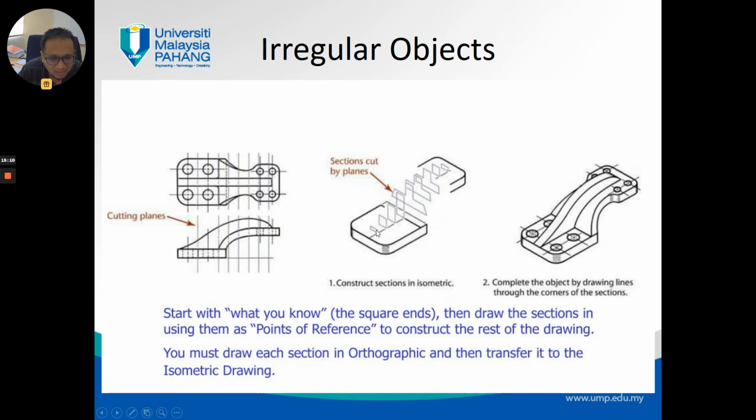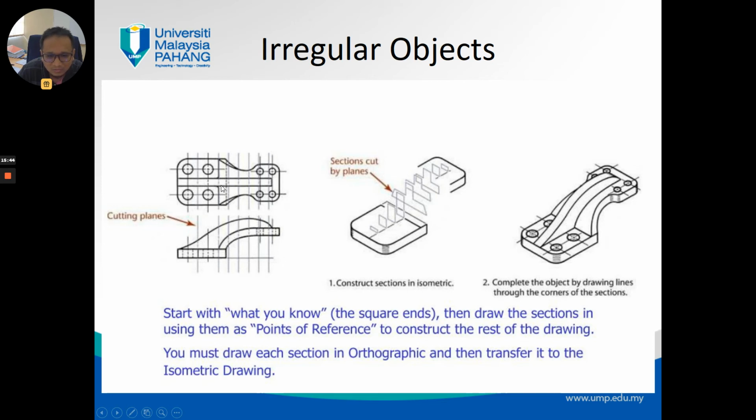This is called a point reference, where you try to use a 30-degree line, okay, and sum it together to make an isometric drawing from the orthographic. Okay, this will take a bit of time to do. It requires your imagination, preferably higher imagination. So what you need to do is divide the isometric orthographic view into multiple lines.